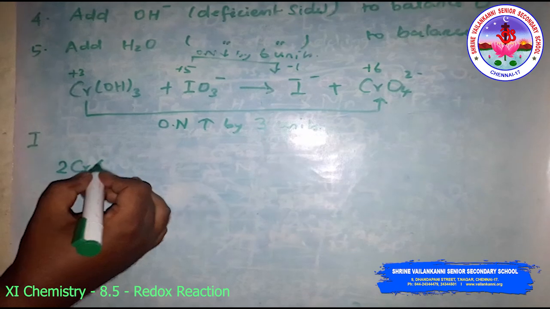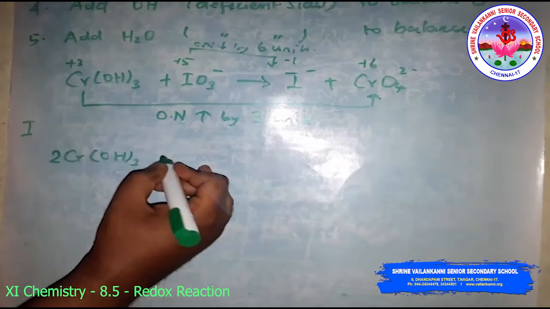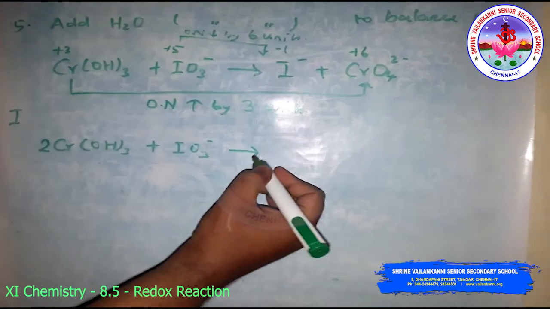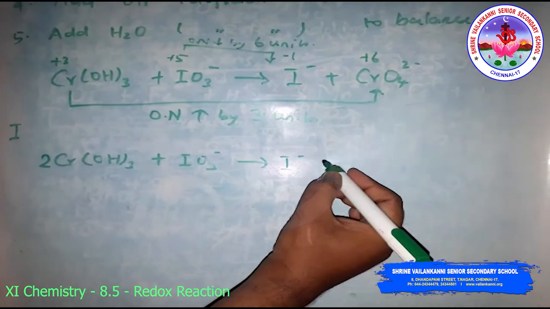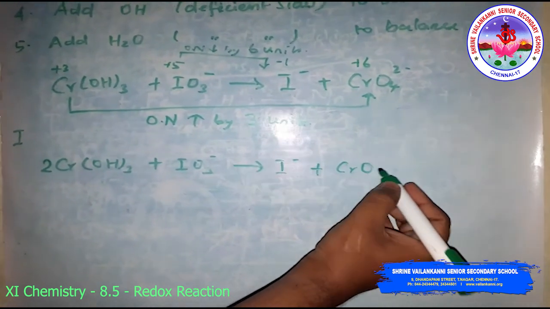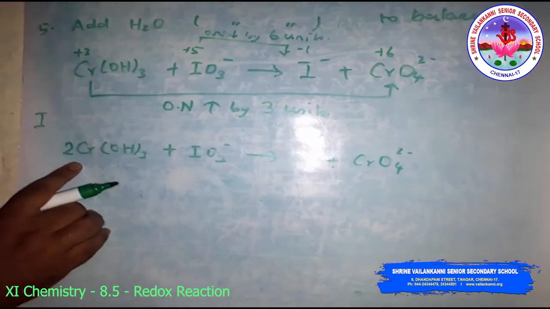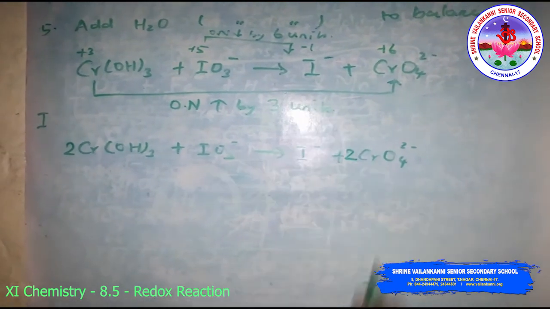So by multiplying with 2, you can balance the equation. So 2 Cr(OH)3 + IO3⁻ gives I⁻ and CrO4²⁻. Now here 2 on the left hand side, so multiply the right hand side also by 2.